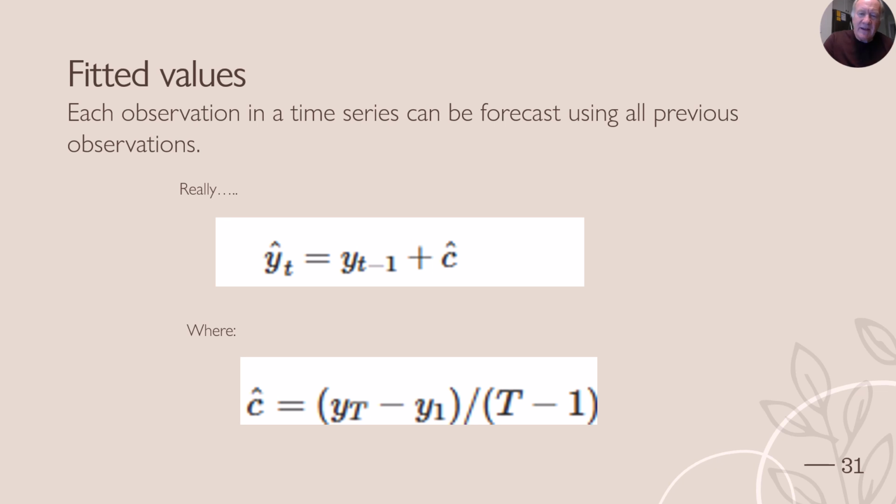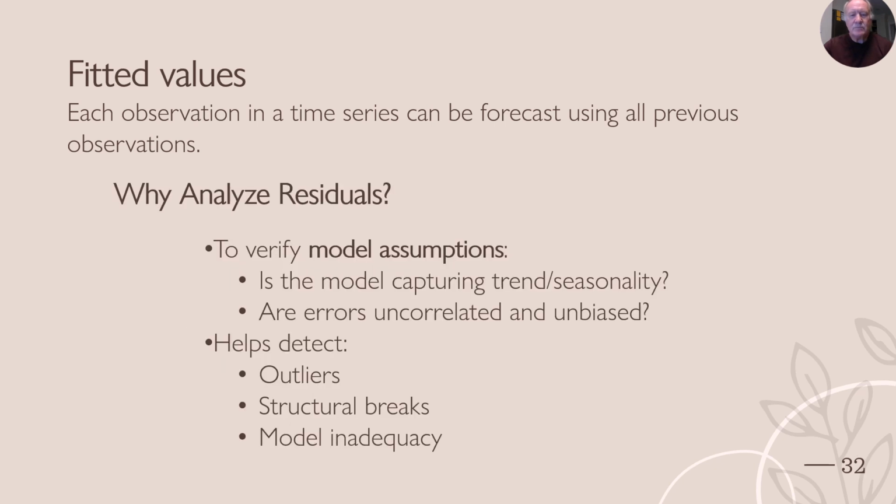When we look at the fitted values, really they're equal to the previous value plus some function. For example, with the linear case, it was equal to the difference in the values divided by t minus 1. Each observation in a time series can be forecast from all the previous values.